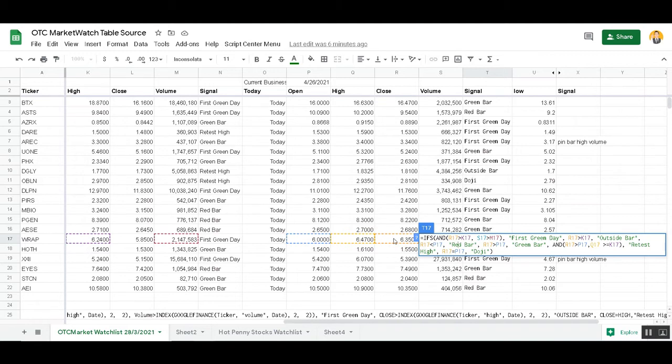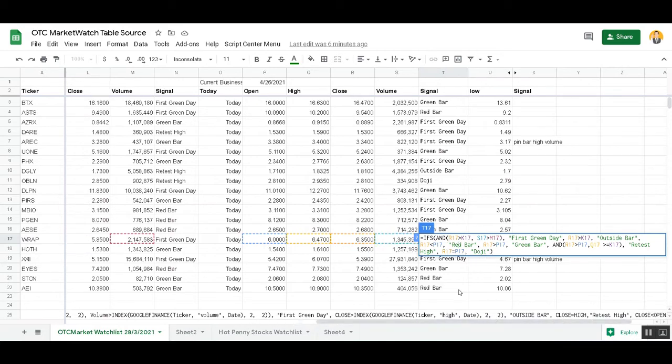Let's look at R17, which is the closing price, is higher than K17, which is the high of the previous day, and the trading volume S17, which is here, S17 must be more than M17, which is the trading volume for the previous day. If these two conditions are met, then the outcome would be a first green day.